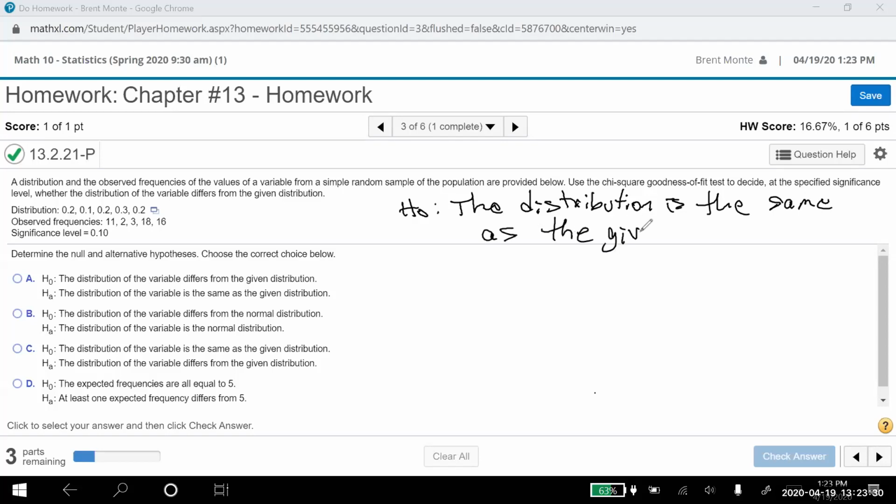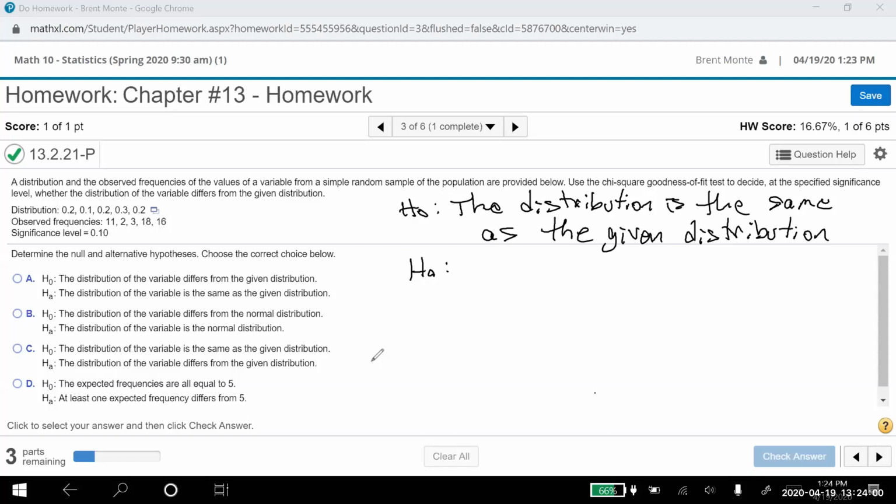Now notice I could just be reading off to the side. My suggestion to make sure you learn how to do these and so you don't make any silly mistakes, do the problem yourself and then look to see what matches your problem. It's very easy to just read answers and say, oh, that one looks good. And you pick it and you're like, oh, of course that was wrong because, and then you think about the reason. So I suggest actually writing everything down.